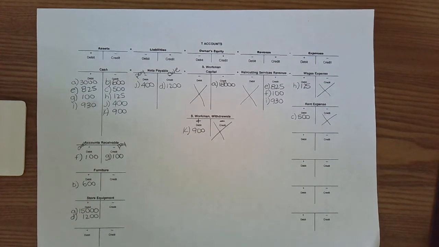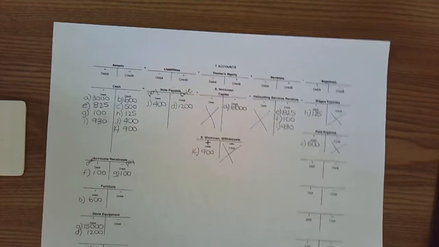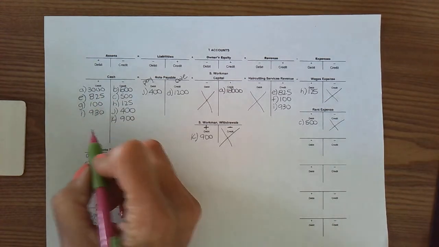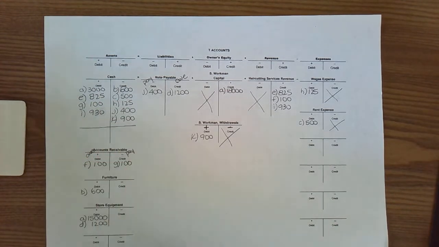Okay, now the next thing we're going to do is we're going to foot and balance. And so what we do here is we want to make sure that our debits equal our credits so that we can say that everything balances out. So once you have all your transactions into the T accounts, we'll start with cash. We're going to draw a line across our cash T account.